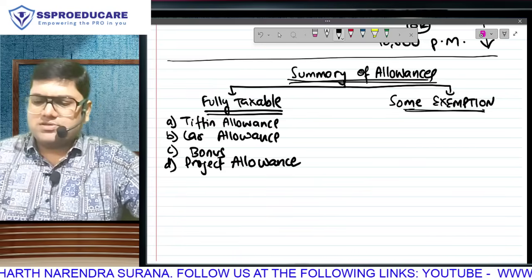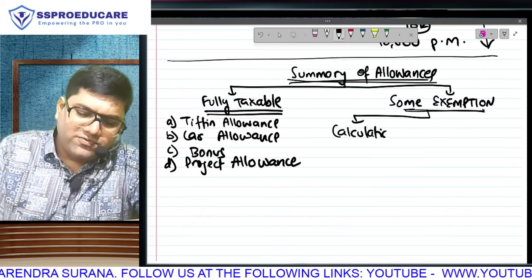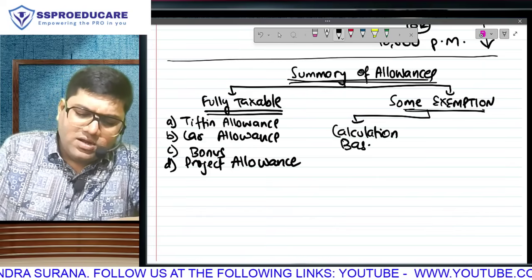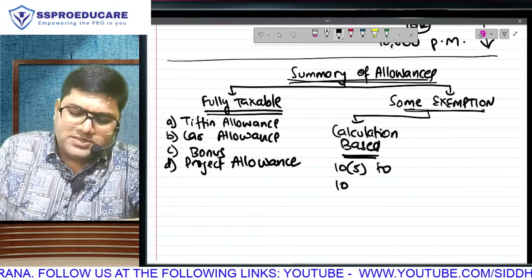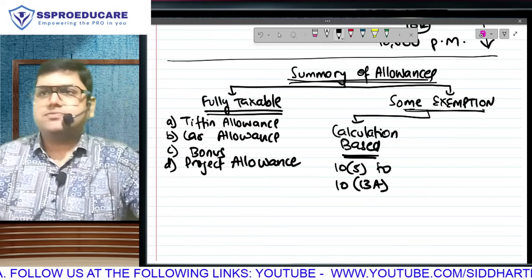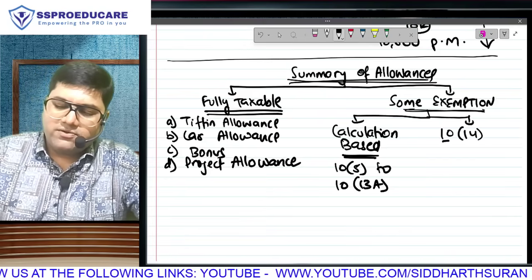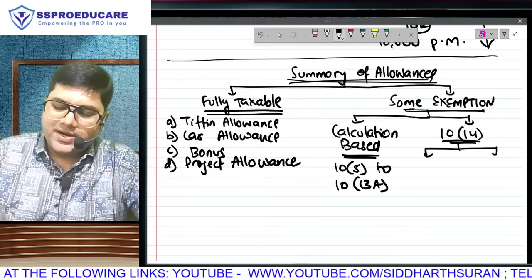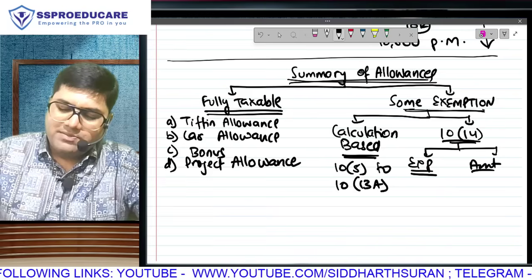Some allowances have exemption, where we learnt two types of exemptions. One, we had long calculation based exemptions from 10(5) leave travel allowance to 10(13) house rent allowance. And then we had a general category 10(14) which was divided into two parts, expenditure based and amount based.